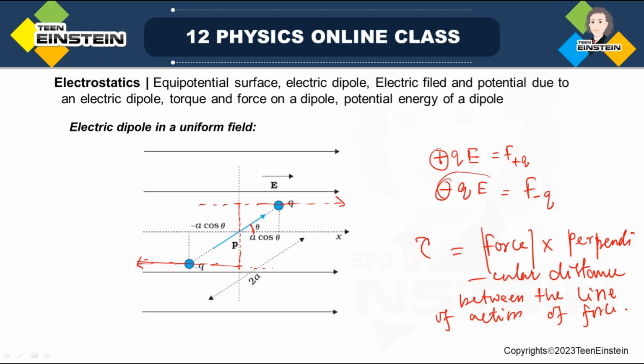Suppose this angle is theta. If this angle is theta, this angle is also theta, right? I can draw this also like this.